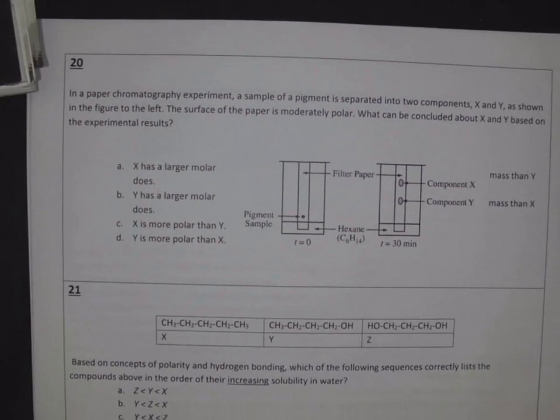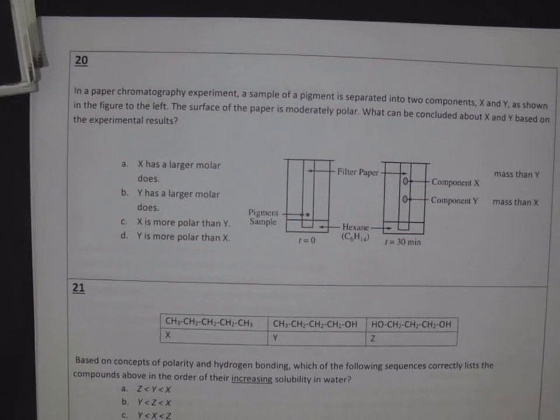Okay, 20. All right, now here's what you need to remember about chromatography. Whatever the liquid is, you need to check if it's polar or nonpolar. And then remember, likes dissolve likes. So if something travels with the liquid, it's similar to what the liquid is. If something doesn't travel with the liquid, it's different than what the liquid is.